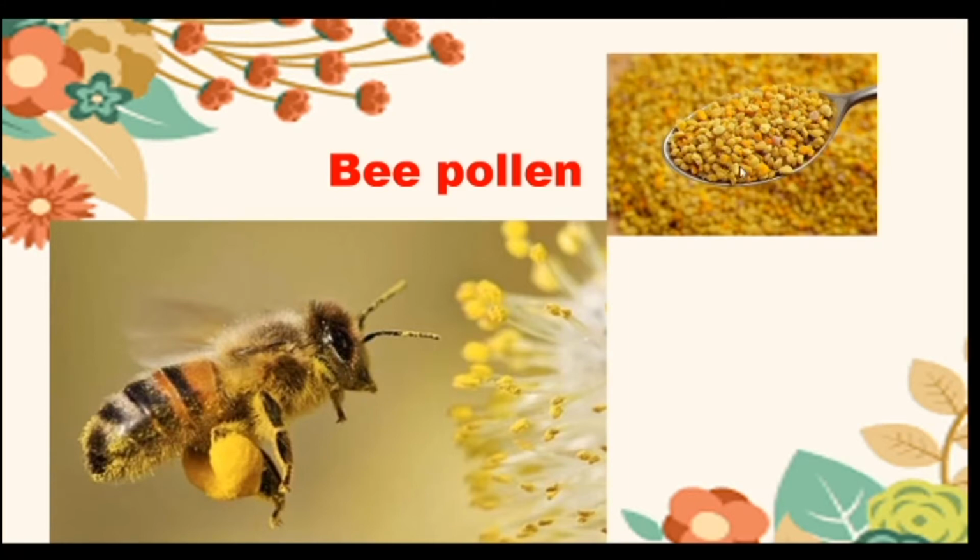Normally the pollen grains are collected, and a good number of pollen grains are bundled together like this and deposited on the leg of the honeybee. This is also good and a little tasty to eat.